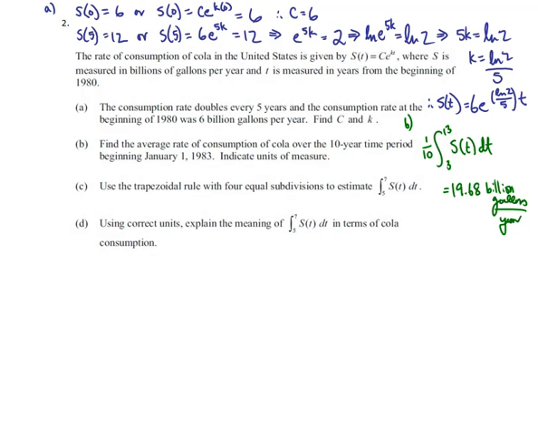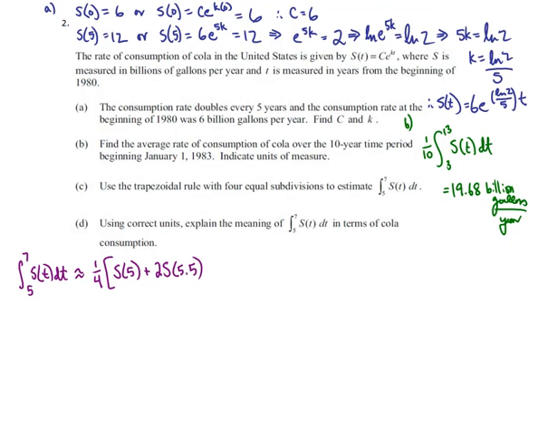So that gives us A and B. For part C, we want to use the trapezoidal rule with 4 equal subdivisions to estimate the integral from 5 to 7 of S of t dt. So we're going from 5 to 7, and we break that into 4 subintervals. This time the width of each subinterval will be 1/2, and h over 2 would be 1/4.